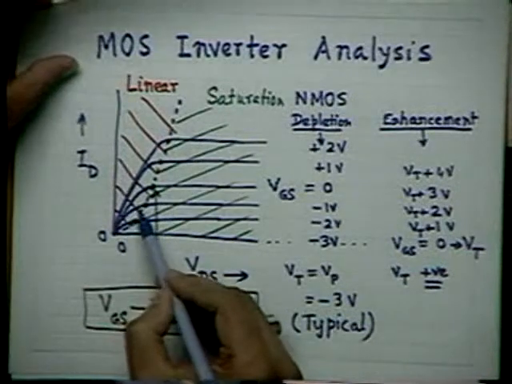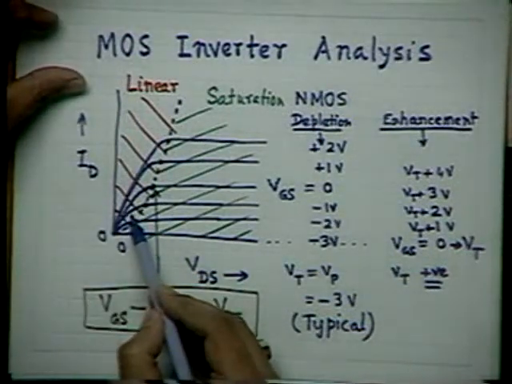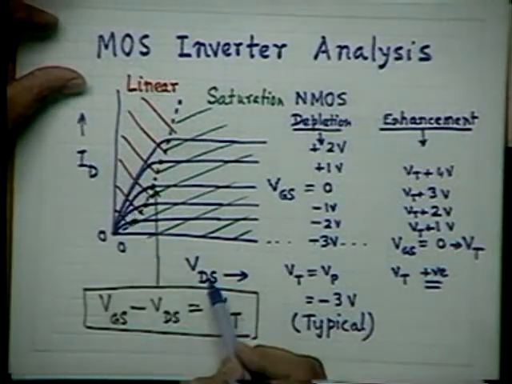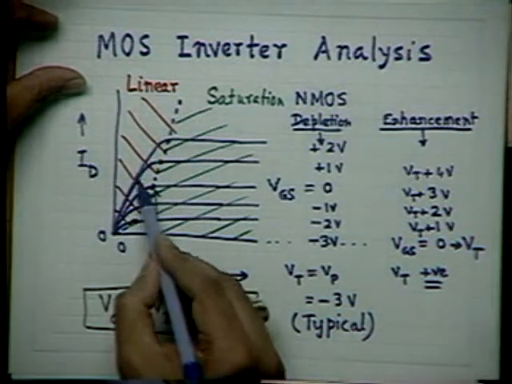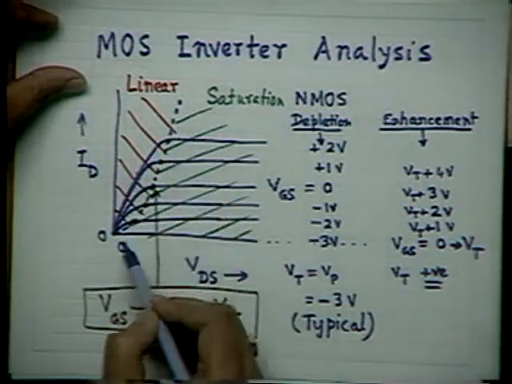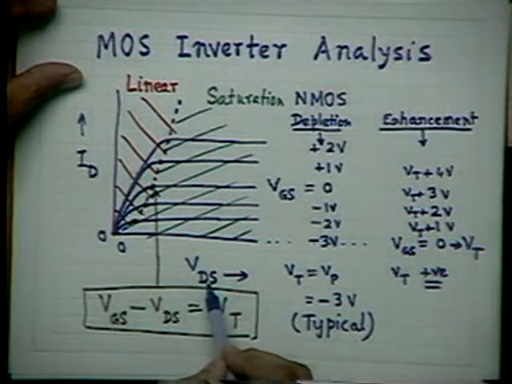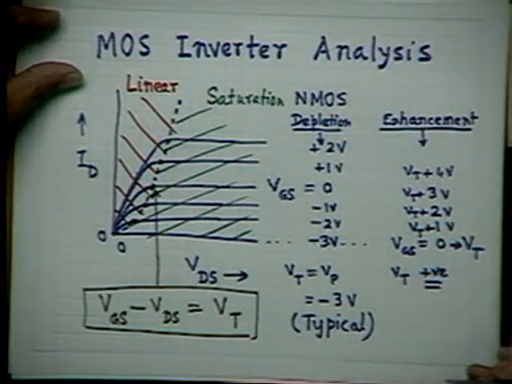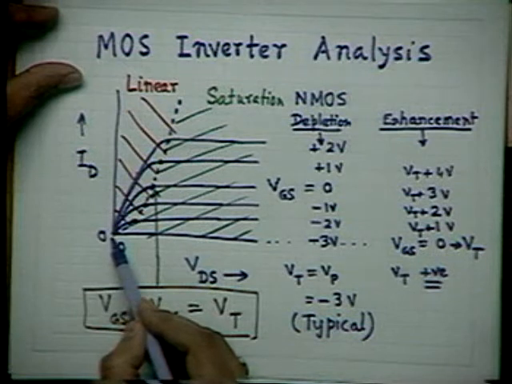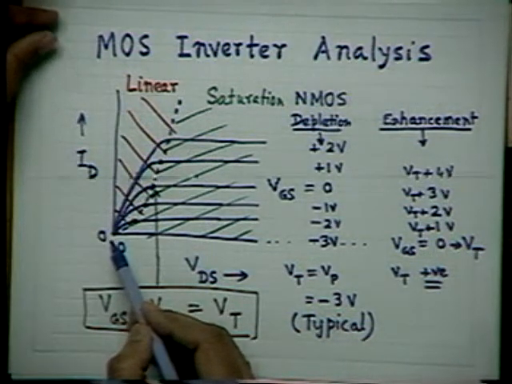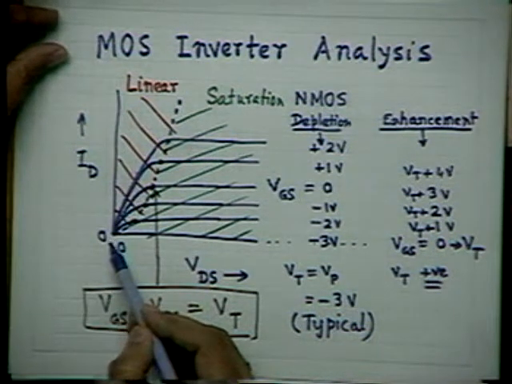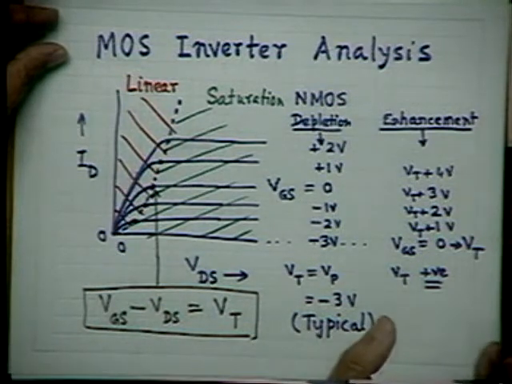Refer to this curve. Here you see that in the linear region, ID is a function of both drain voltage VDS and VGS. Am I correct? In the linear region, ID is a function of both VDS and VGS. When VGS is very small, the linear region offers a very small slope, meaning very high resistance.